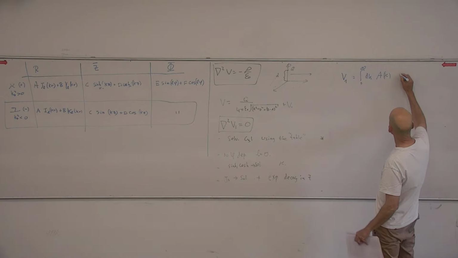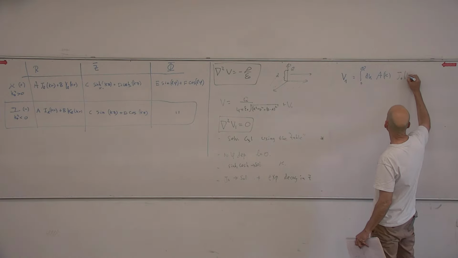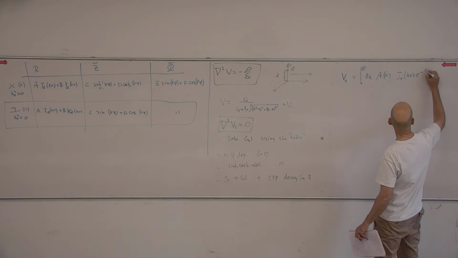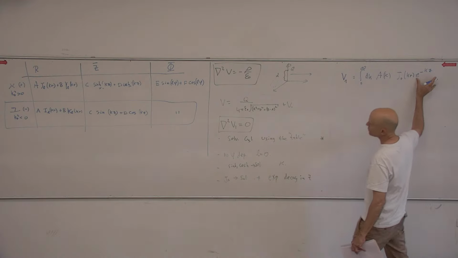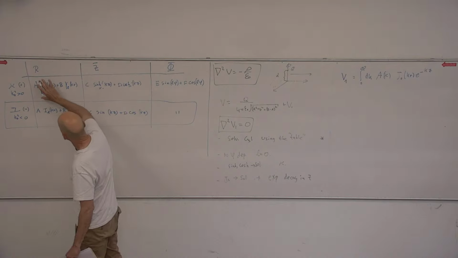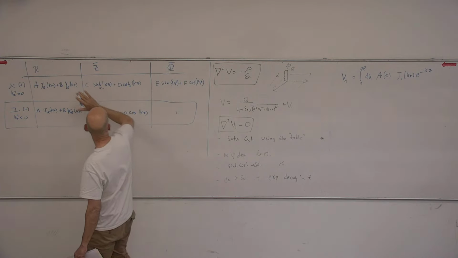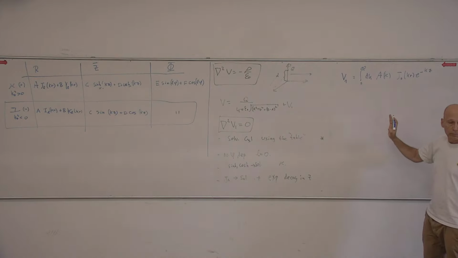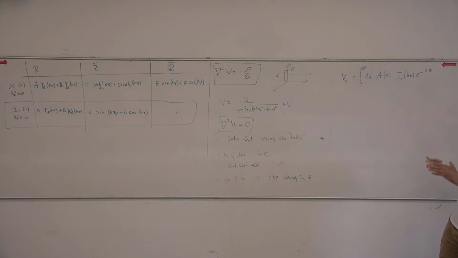And then I use this J0 of kr times e to the minus kz. Just to repeat, this e to the minus kz comes from here. This guy here, on the L equals 0, goes away because it diverges, and you see the solution is very trivial. Well, it's trivial to write, that doesn't mean the integral is trivial.